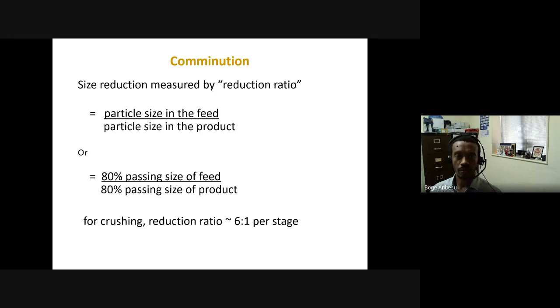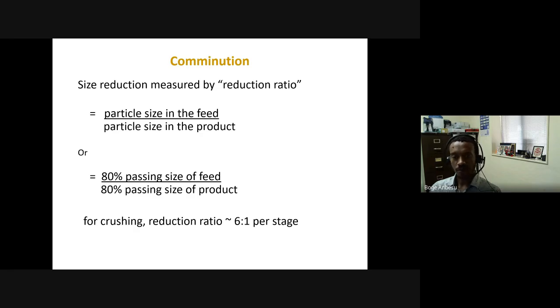And then you conduct comminution, which means you crush them or you grind them, and you produce a lot of small particles with an average given size. Okay, then we can compare the initial particle sizes with the product particle sizes to work out what we call a reduction ratio. So reduction ratio is defined as particle size of the feed divided by particle size of the product.